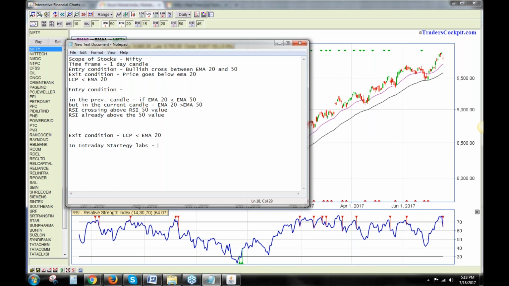You could backtest on up to the last 500 candles. Similarly, in EOD strategy labs, the strategy could be backtested on up to the last 5 years data.